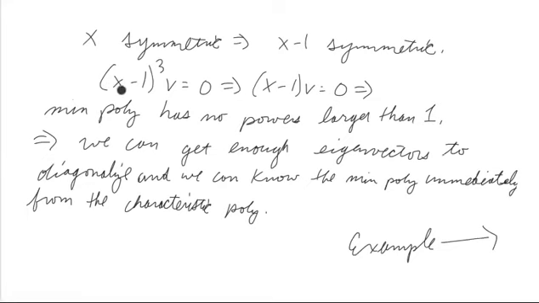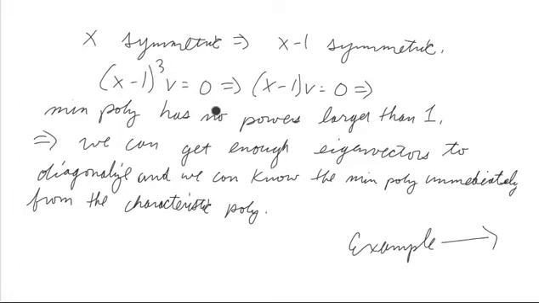Now what if we had x minus 1 cubed v equal to 0? Well, that will imply that x minus 1 v is equal to 0. This basic idea means that the minimal polynomial for a symmetric matrix has no powers larger than 1. Because this isn't minimal, you can go down to 1 every time.